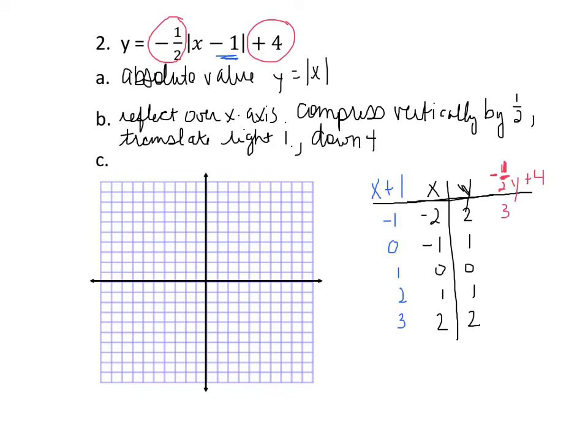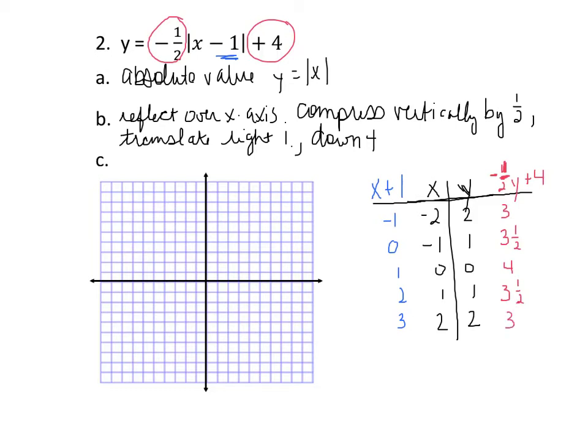A negative half of 1 is negative 1/2, plus 4, that gives you a 3.5. 0 times negative 1/2 is 0. 0 plus 4 is 4. 1 times negative half is a negative half, plus 4, that gives you 3.5. And then it should repeat with a 3 here.